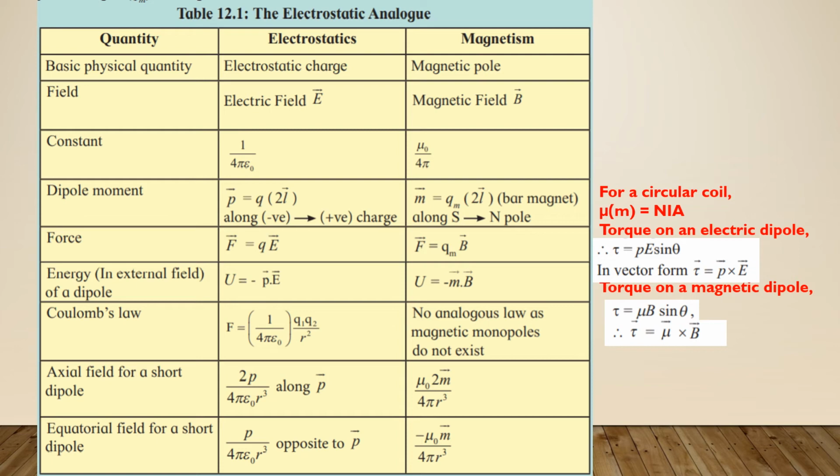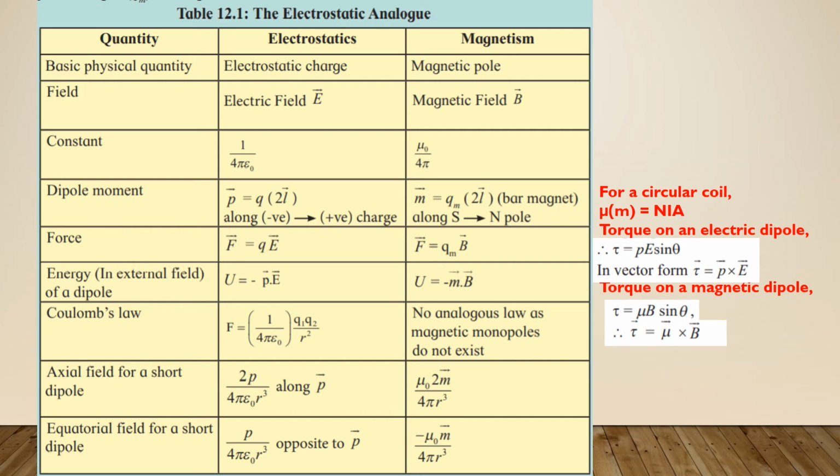Next, if we bring a charge Q in the external electric field of strength E bar, it experiences a force F bar is equal to Q times E bar. Whereas a pole of pole strength Qm subjected to the external magnetic field of strength B bar experiences a force F bar is equal to Qm times B bar.